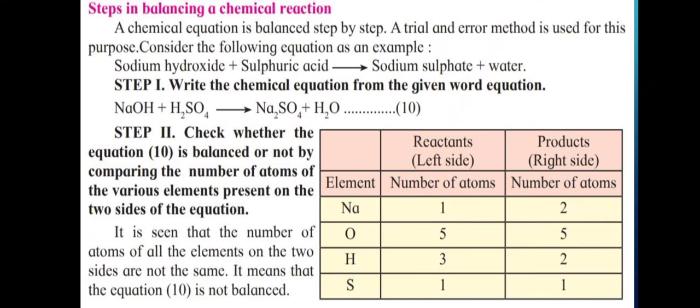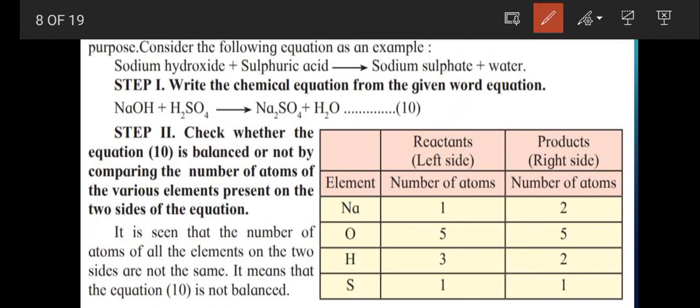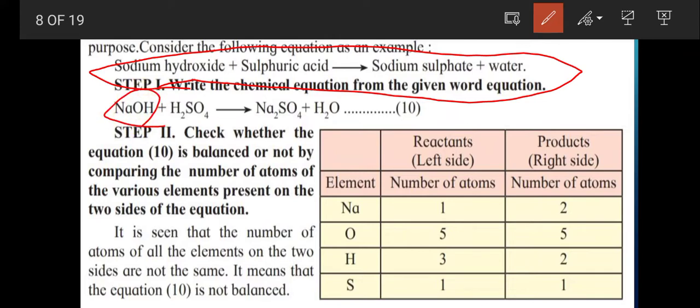So today we are going to discuss how to balance the chemical reaction. In which the first step is to write the chemical equation from the given words. For example, here the wording is: sodium hydroxide and sulfuric acid, when they react with each other, form sodium sulfate and water. That means sodium hydroxide means NaOH, and when it reacts with H2SO4, it gives Na2SO4 along with H2O.